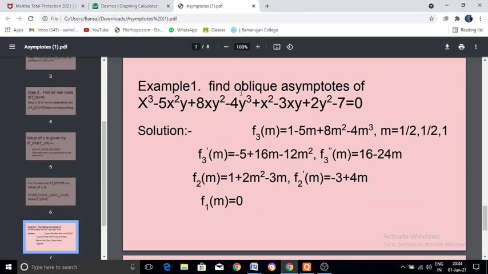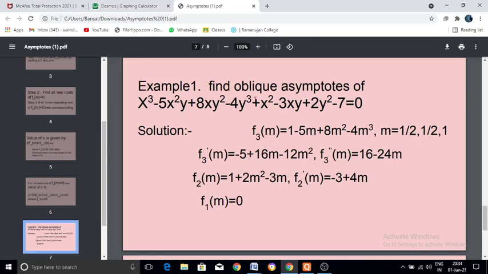Example 1. Find oblique asymptotes of the curve x cube minus 5x square y plus 8x y square minus 4y cube plus x square minus 3xy plus 2y square minus 7 equal to 0. Note that this is a curve of degree 3 because the maximum degree is 3.